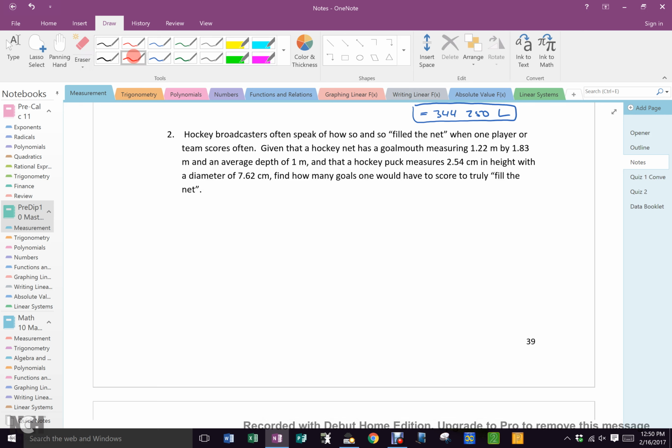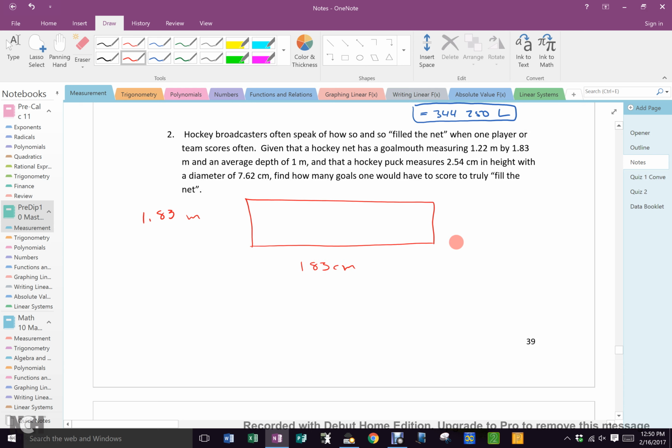How wide is the net? Across the front. There's three numbers there. 1.83. It doesn't really matter which one you use. 1.83 meters, correct? So the net goes across the ice 183 centimeters, doesn't it?